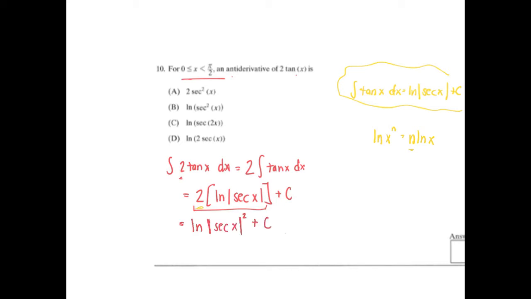And since I'm squaring an absolute value, I don't have to worry about the absolute value anymore. So I pretty much have ln secant x squared plus c. And I do see that answer right here as answer choice B. That's one possible solution where my C is 0. Remember that secant x squared is the same thing as secant squared x. And so that's my answer.